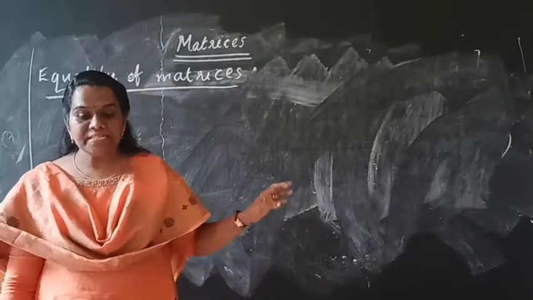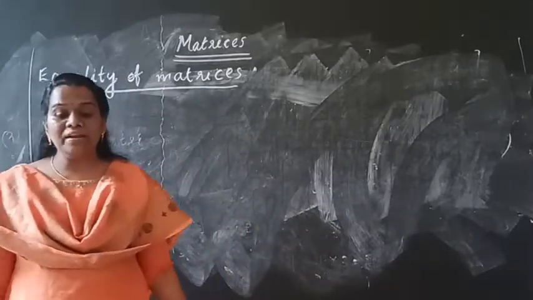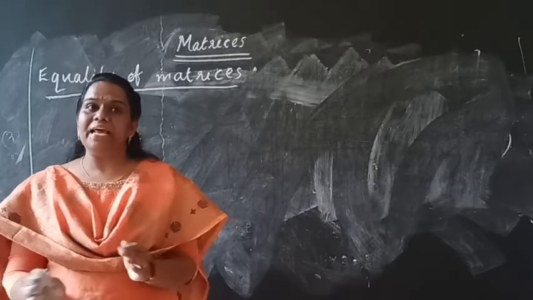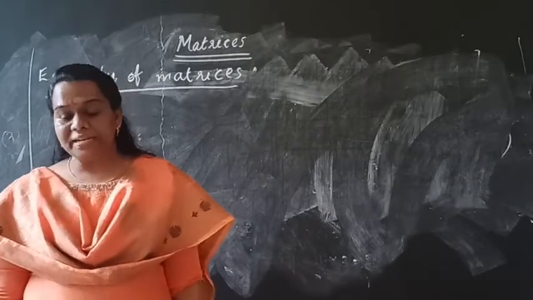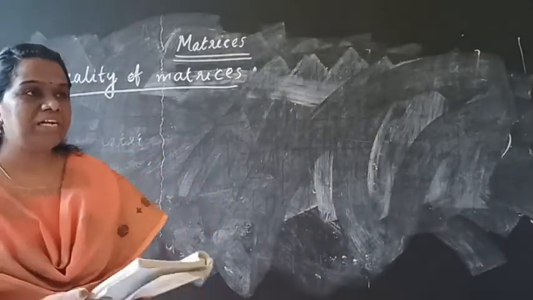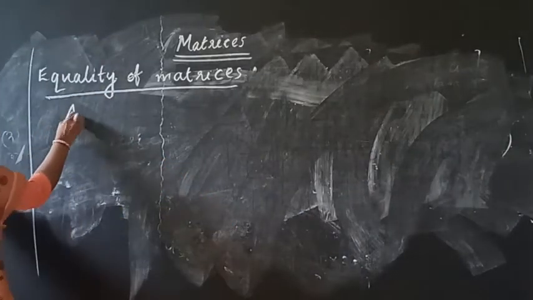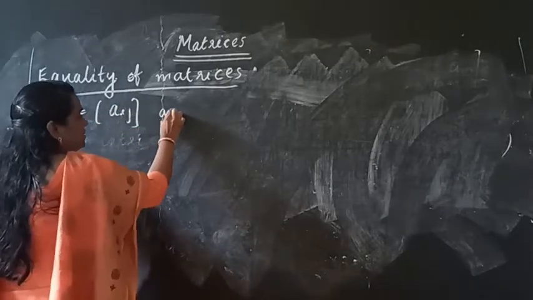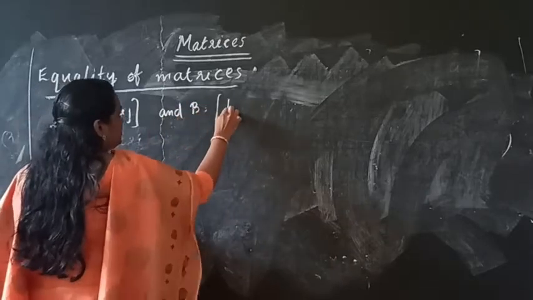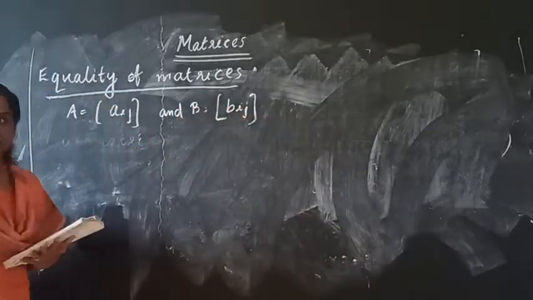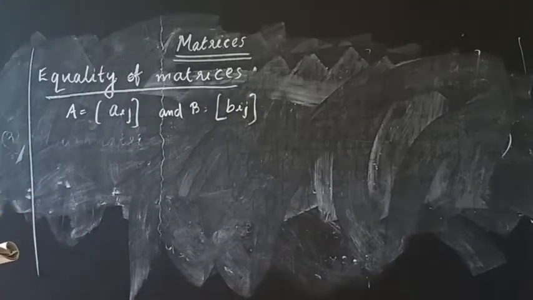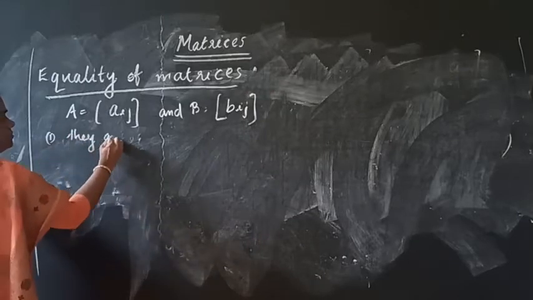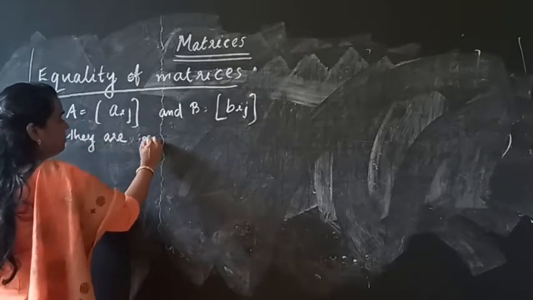Now we can discuss equality of matrices. If two matrices are equal, that means their elements are equal. If you consider two matrices, matrix A equal to [Aij] and matrix B equal to [Bij], two matrices are said to be equal if, first condition, they are of the same order.